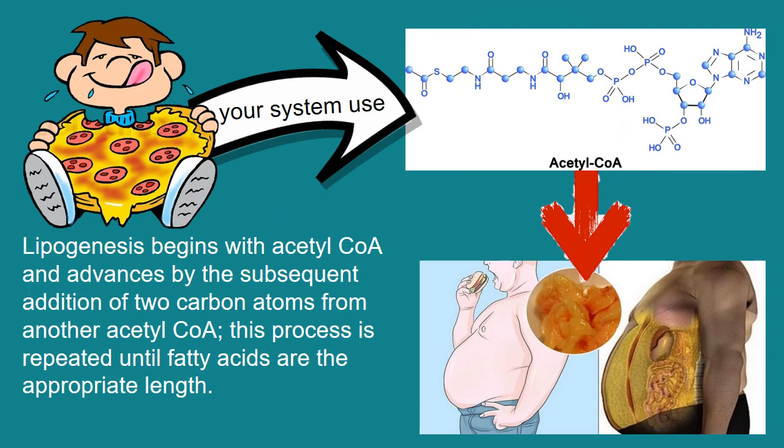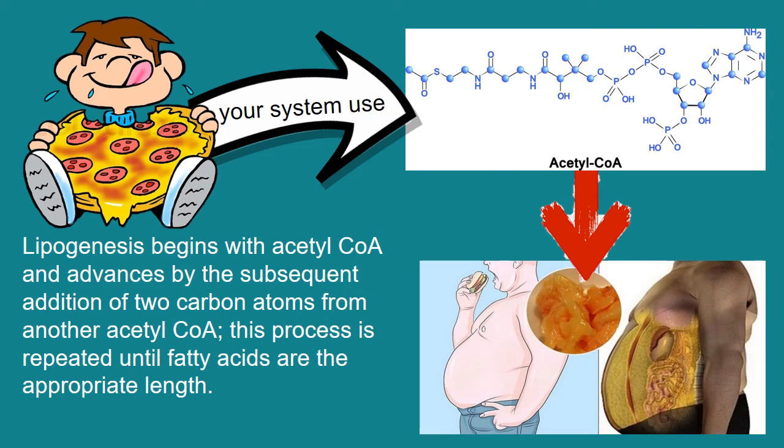Although there are several metabolic sources of acetyl-CoA, it is most commonly derived from glycolysis. Acetyl-CoA availability is significant because it initiates lipogenesis. Lipogenesis begins with acetyl-CoA and advances by the subsequent addition of two carbon atoms from another acetyl-CoA.